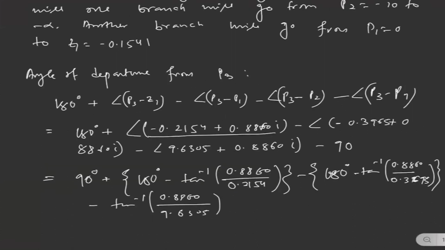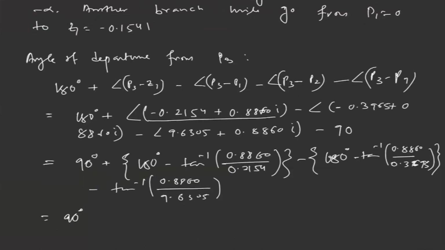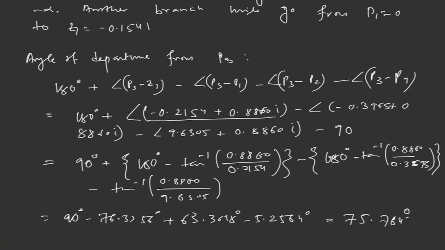After calculating all these terms, we get 90 degree minus 76.3356 degree plus 63.3618 degree minus 5.2564 degree, and finally 75.7648 degree. So this is the value we are getting for the angle of departure.